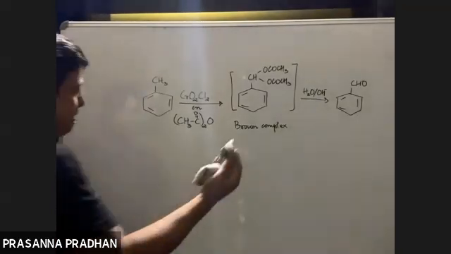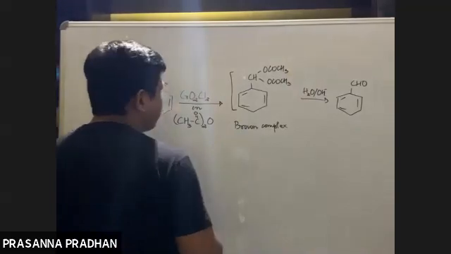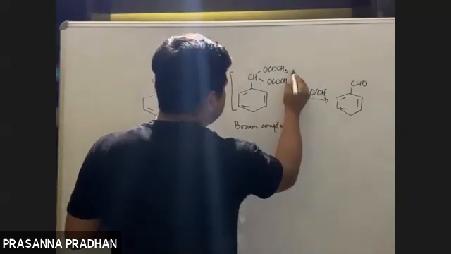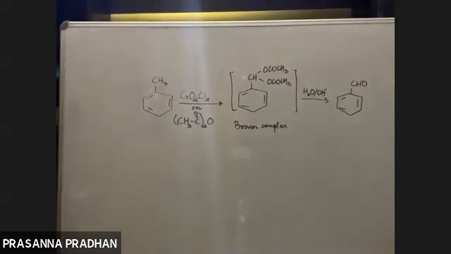So, in simple words, you must remember the formula of the brown complex. बस ठीक है. So now there are just one or two reactions. Let me complete this.